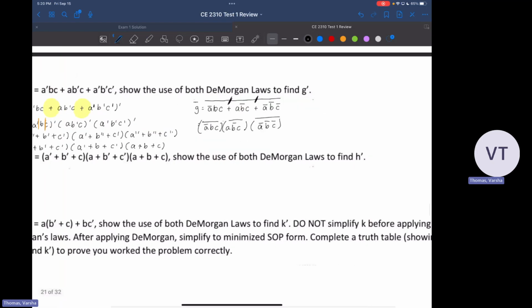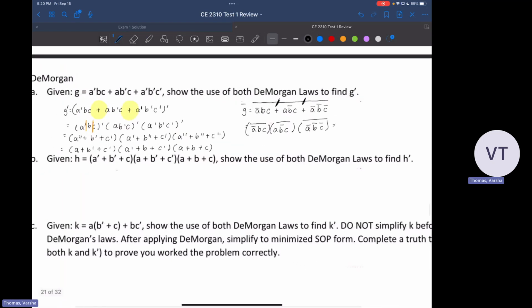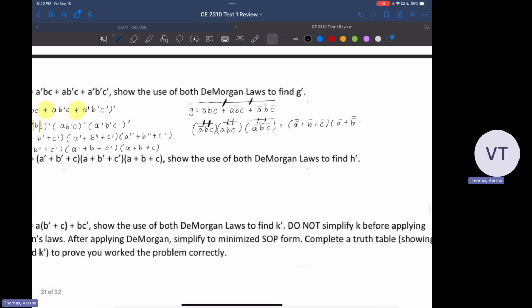Okay, so I'm going to do the same thing over here with this bar notation. I'm basically going to split it up between each of these relationships. I get A double inversion, or B naught, or C naught. I get A naught, or B double naught, or C naught, A double, B double, or C double.